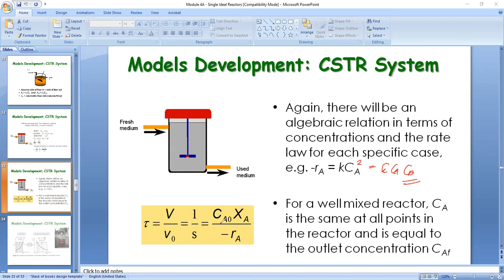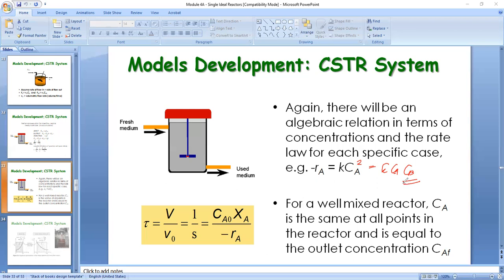But in this case, class, since you don't need to integrate and it's purely algebraic in nature, I'd like to emphasize that it's not necessary that you express the concentration terms in your rate law, if there are several species, in terms of one species only. You can separately determine each of the concentrations and simply multiply them afterwards because there's no need to integrate.